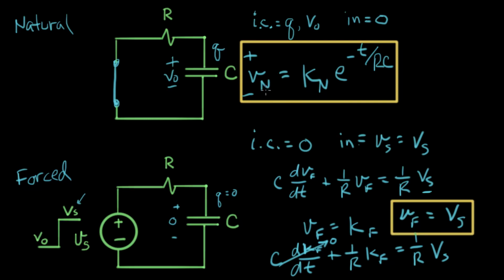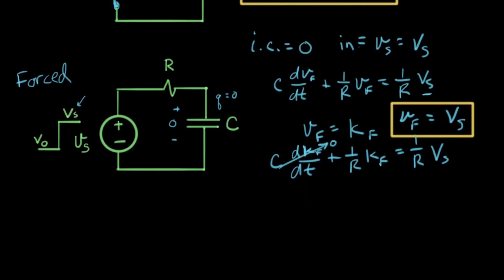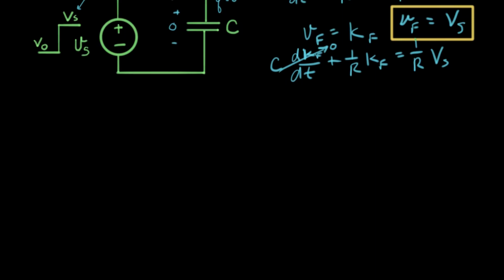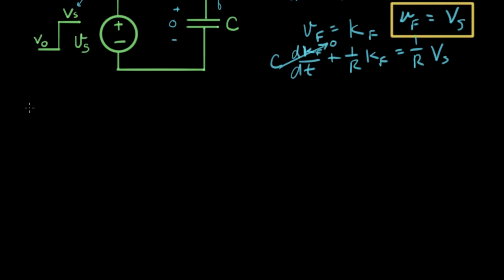So now I have our natural response right here, and in this square, we have our forced response. The forced response is just a constant Vs. So now we're ready to come up with our total response. We'll call that V, capital T. The total response is equal to the natural response plus the forced response.